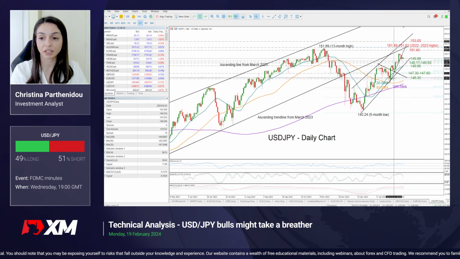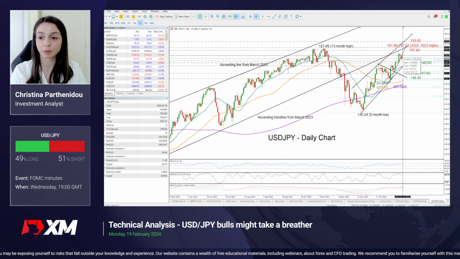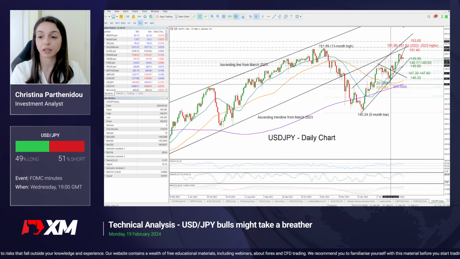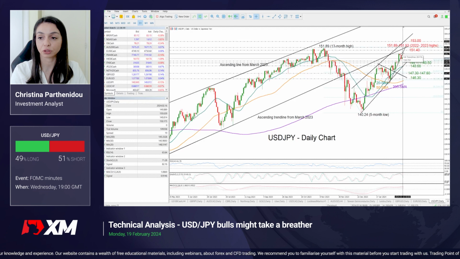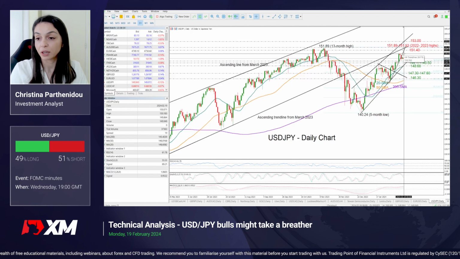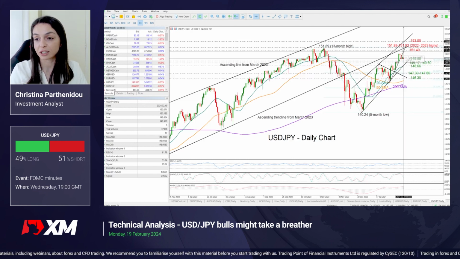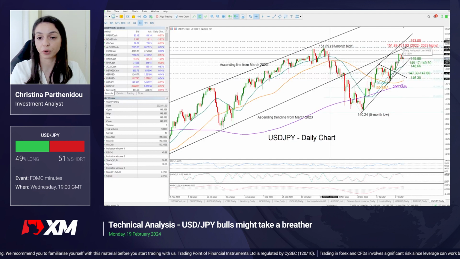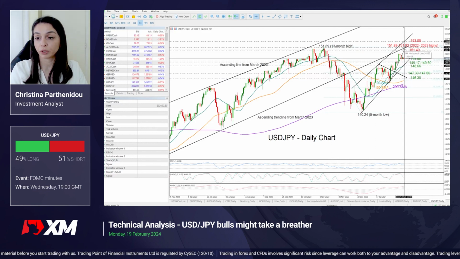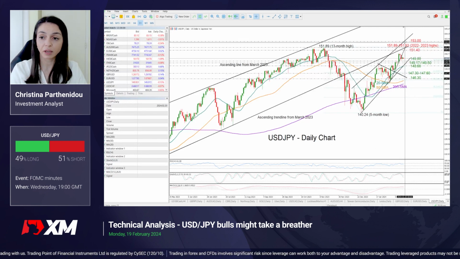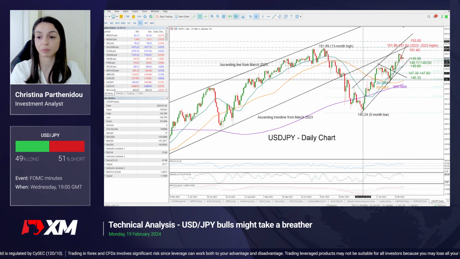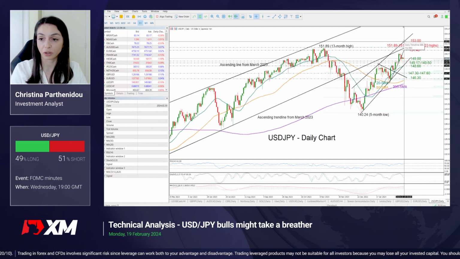We may see another test around this broken support trend line, which is more clear in the 4-hour chart, at 150.80. If we surpass that barrier, then we may face an immediate resistance between the 151.40 and 151.93 territory, where the pair peaked in November. And if we continue higher, then the next target could be the 153 round level, where this tentative resistance line is located.